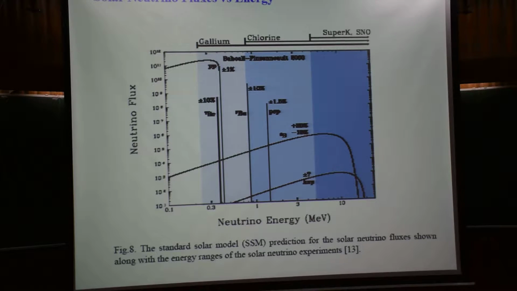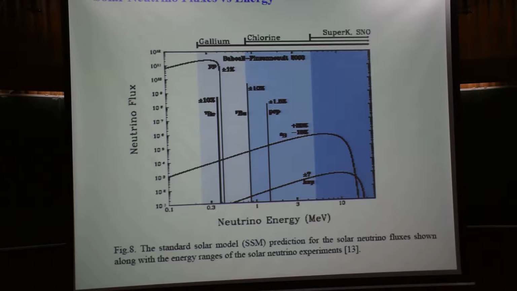We are interested in the total flux in this range, so in that total flux we have to take everything that Bahcall has calculated for us. When it is 2 or 3 orders of magnitude down, your experimental sensitivity is 5%. If it is 1 order of magnitude down, it is easy.